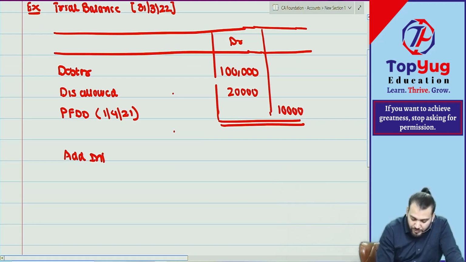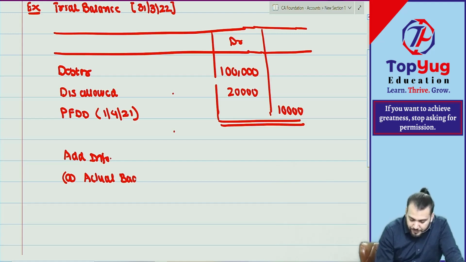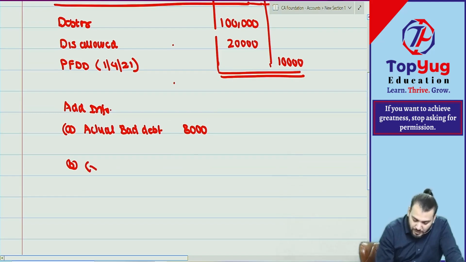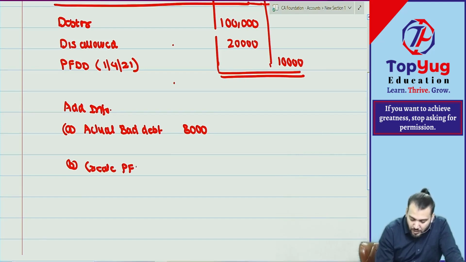Additional information: one, actual bad debt is equal to 8,000. Point number two, create provision for doubtful debt at the rate of 8%.